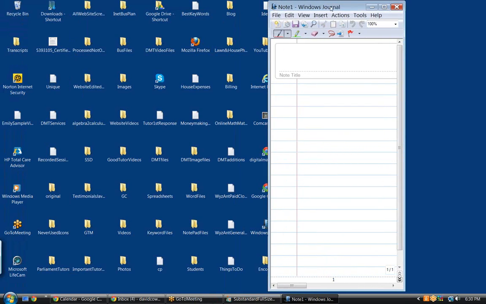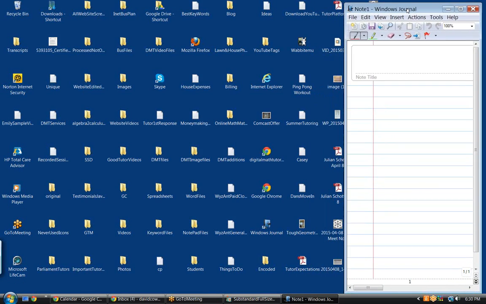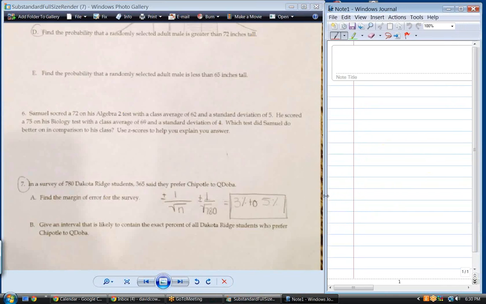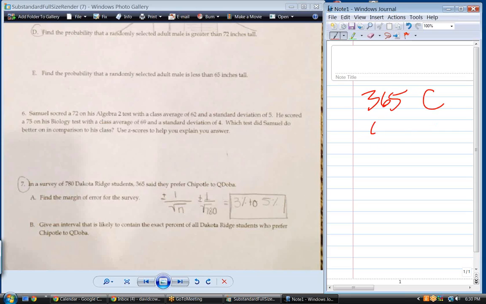It shows you that this is all about definitions. It's not in the calculation, it's in the definitions. So we've got 365 like Chipotle and 415 like Qdoba. Give an interval that is likely to contain the exact percentage who prefer Chipotle.